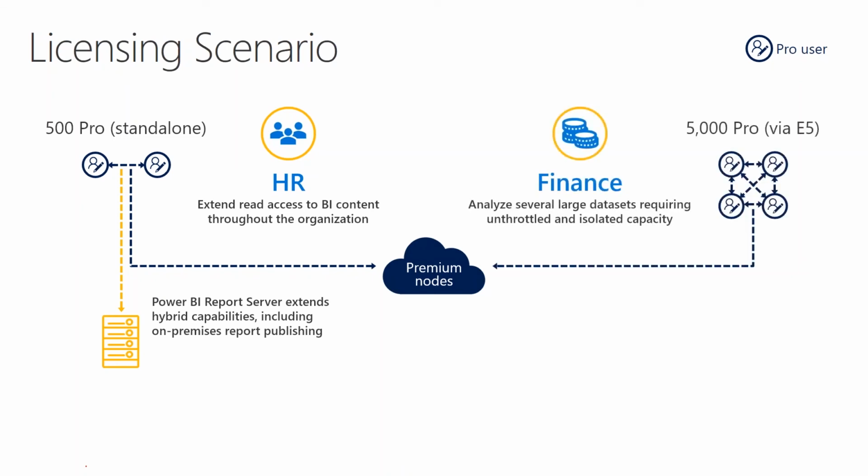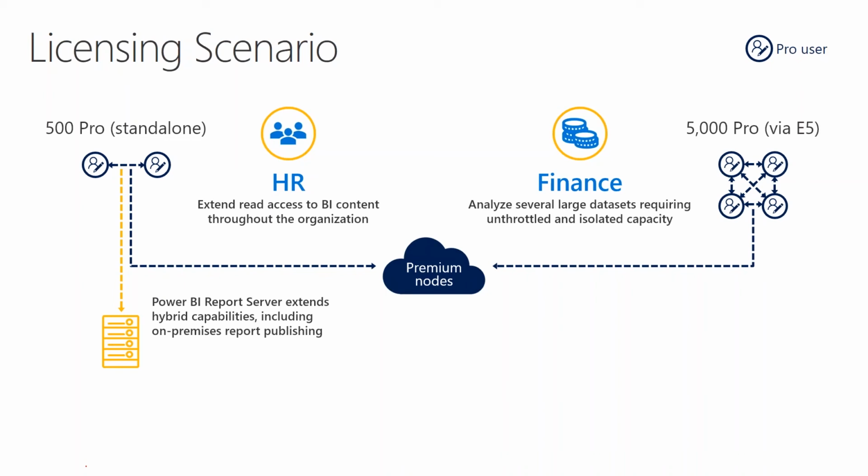All right, so that's the HR group within this company. Now the finance team comes along, and they're actively working on analyzing several really large data sets in advance of, say, an earnings announcement that might be coming up, and they need unthrottled and isolated capacity to manage these workloads. Because the finance division has all of their 5,000 employees covered with Office 365 E5, they don't need to purchase standalone Power BI Pro licenses.